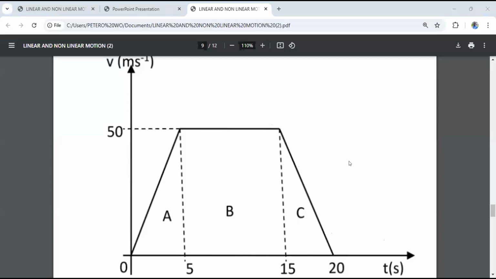So the distance many of us are getting is 750. Sorry, the average velocity. So let us also calculate the average velocity.